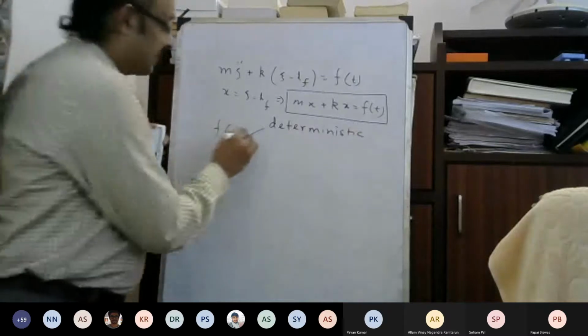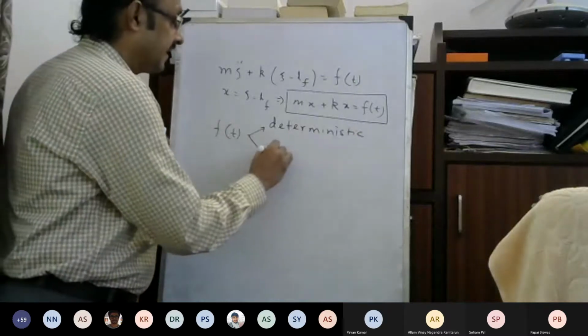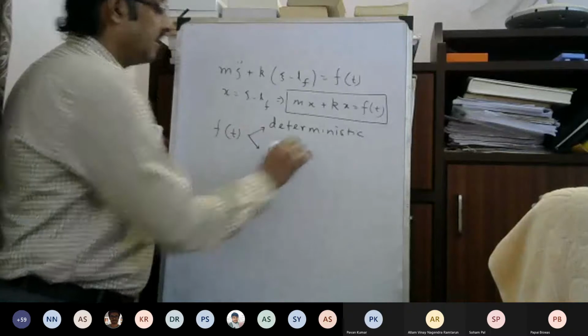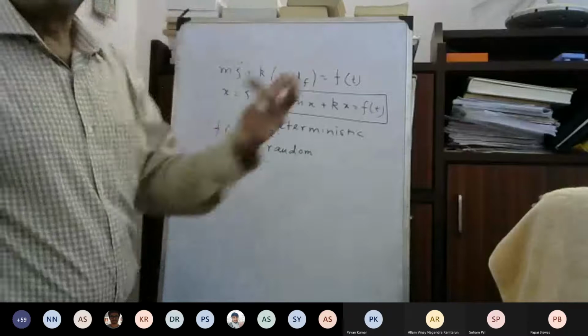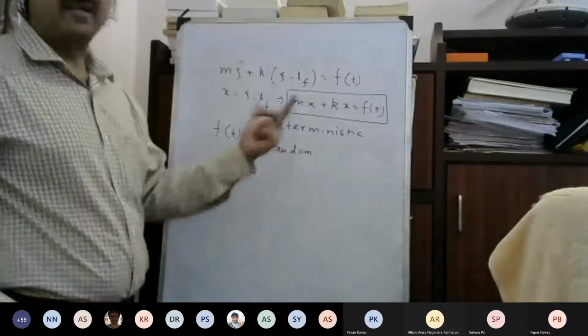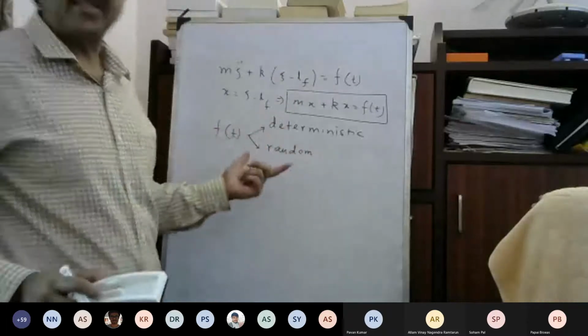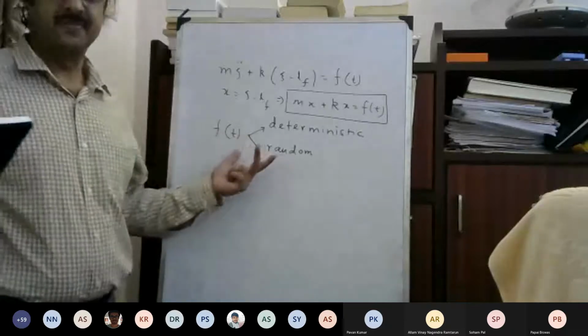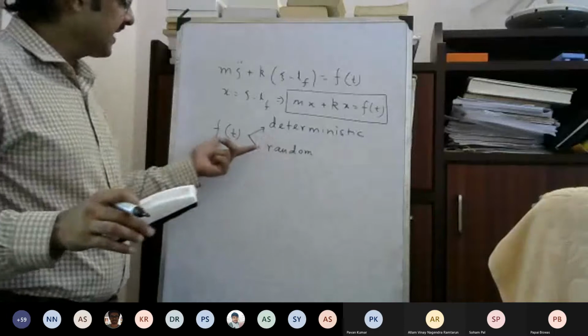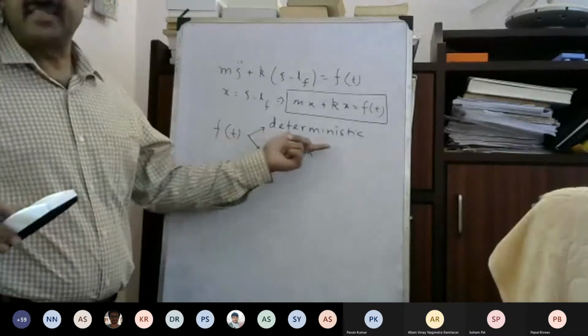And in the other case, it is random, that means probabilistic. That means you do not know the function exactly, but you have certain measures known to you. Certain statistics of the function are known, but the exact value of the function you do not know, though you have some idea about it. So here the function can be either a random function or a deterministic function.